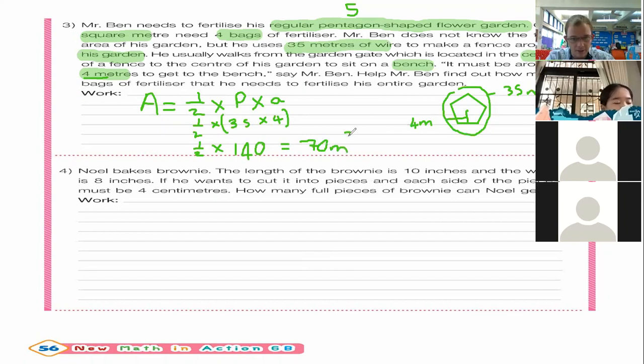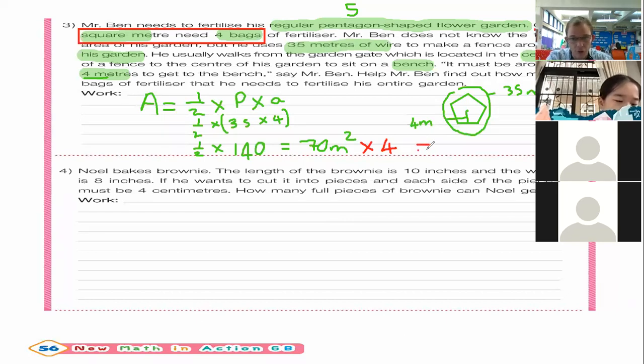meters squared. But remember, our information that is required is to find out how many bags of fertilizer we need. And we know for 1 square meter, we need 4 bags. So then we take our 70 and we times that by 4 to get the amount of fertilizer bags. Okay.